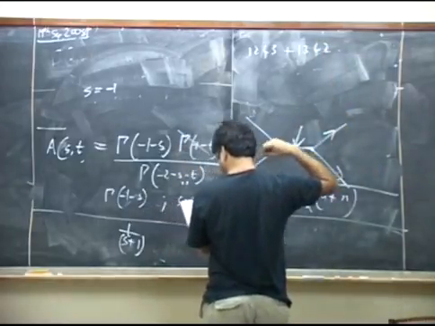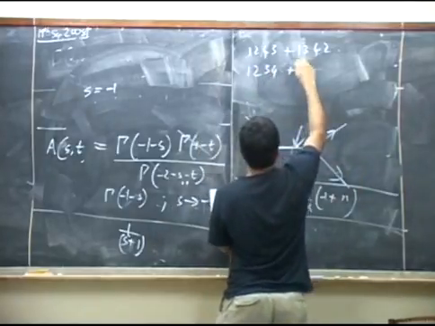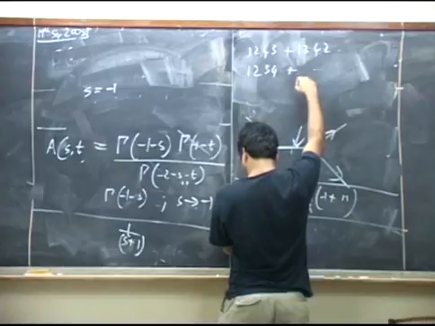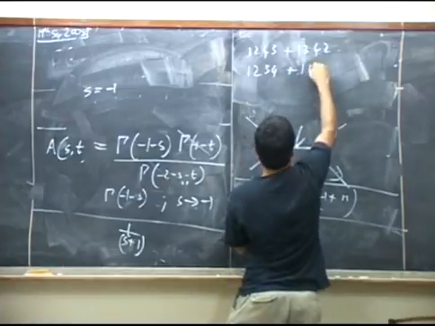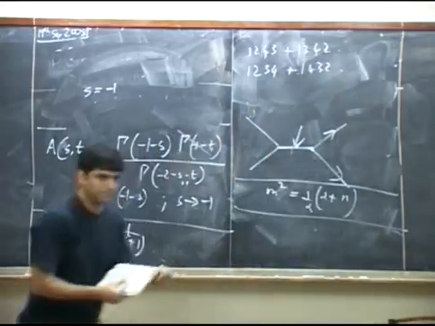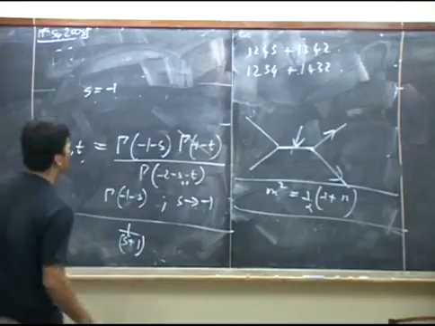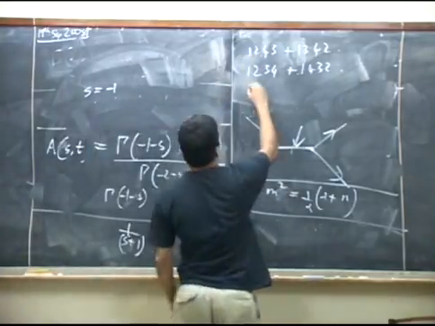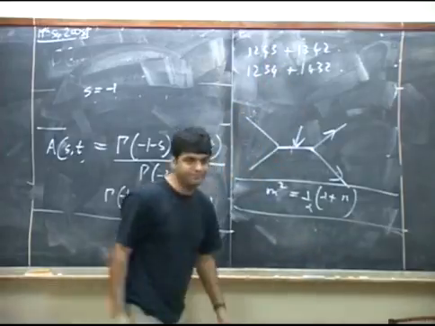And from A_SU we had 1, 2, 3, 4 plus 1, 4, 3, 2. Now, these two terms combine together into 1, 2 times the anti-commutator of 4 with 3.